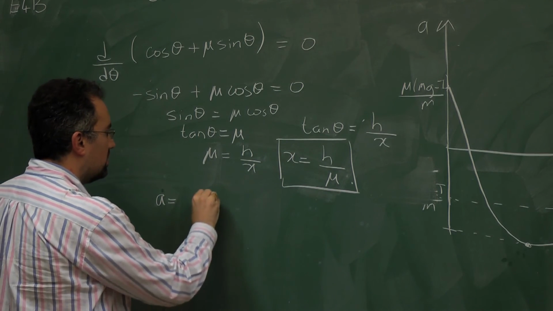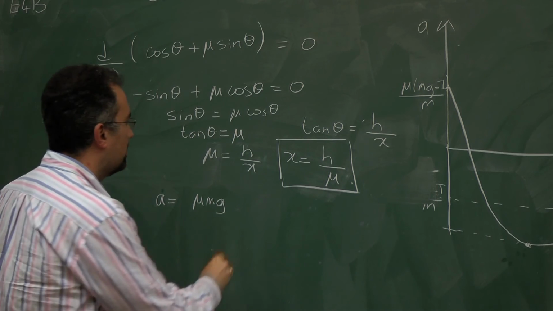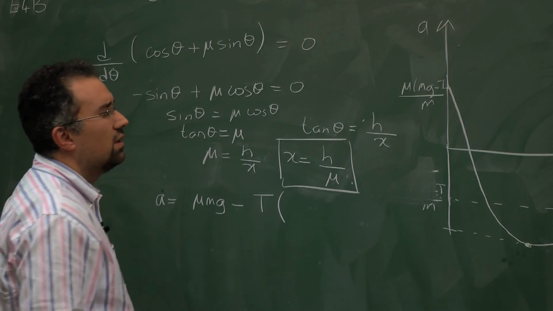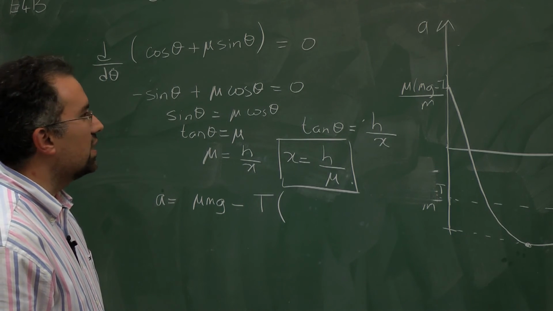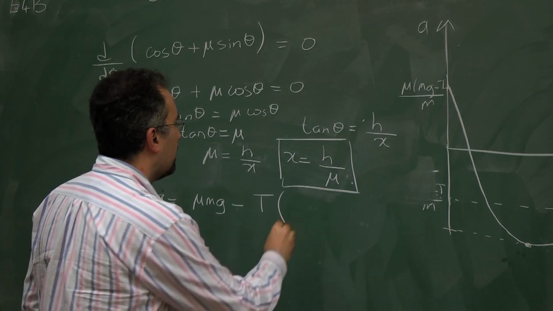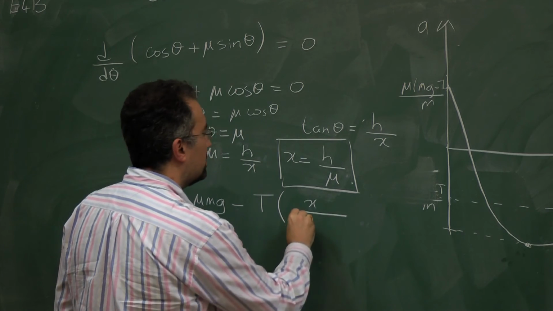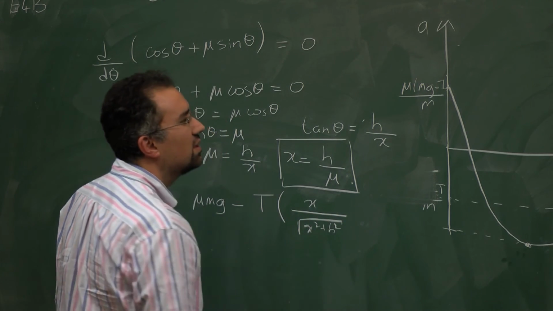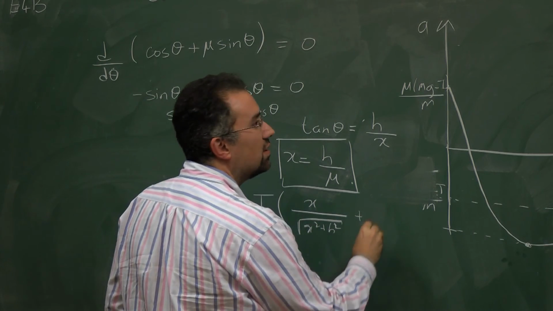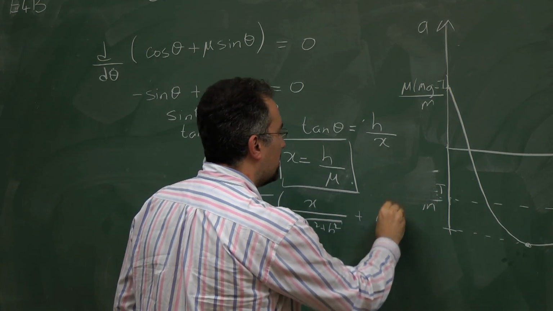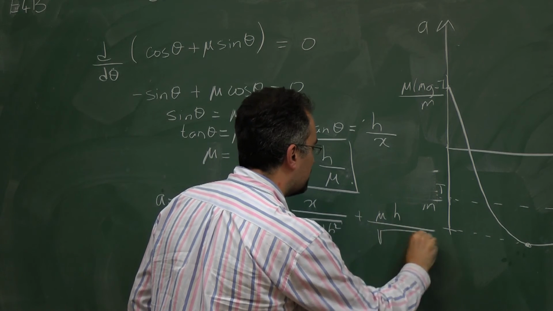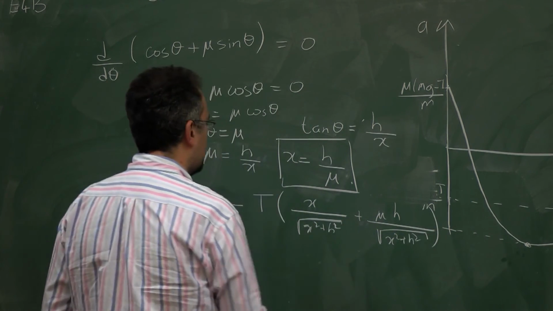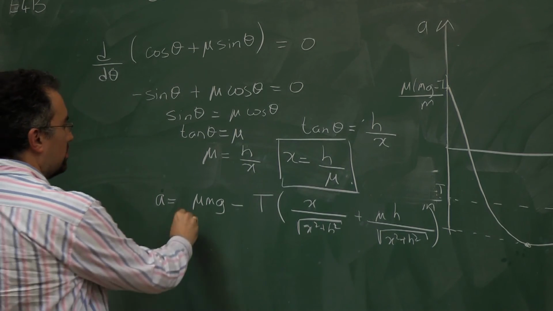So it's (mu mg minus T) times cosine theta, which is x over square root of x squared plus h squared, plus mu times h over square root of x squared plus h squared, all over m.